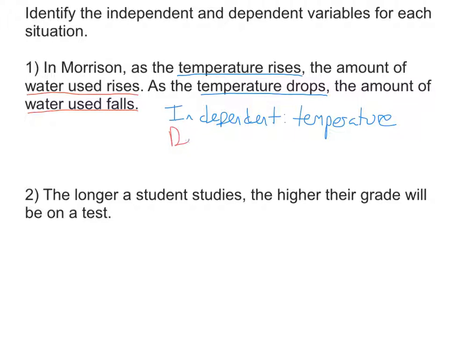So then our dependent variable, the one that we rely on or that relies on the temperature, is the amount of water used. Because as the temperature fluctuates, the amount of water used moves based on that temperature.